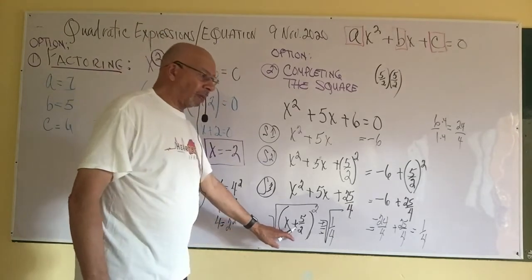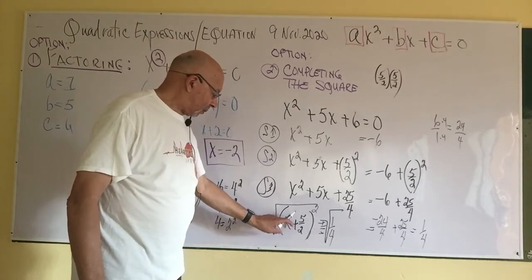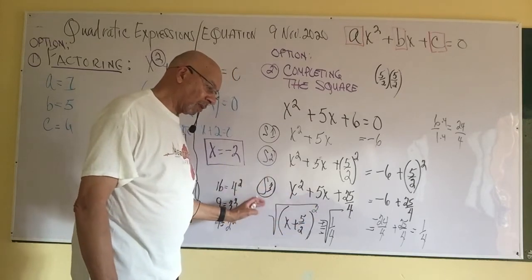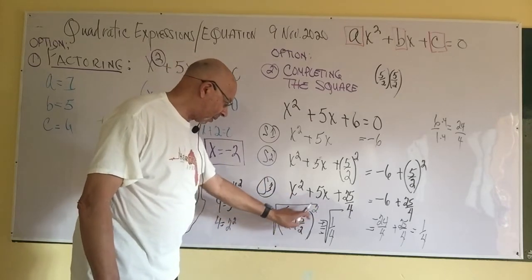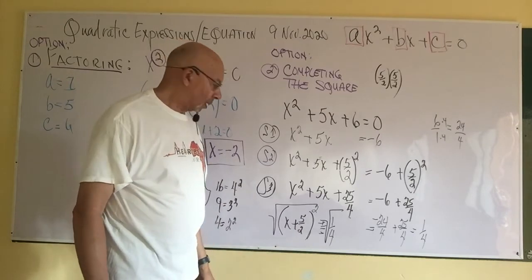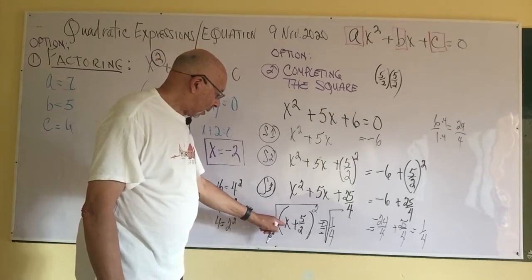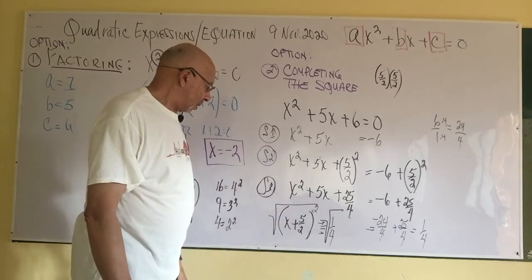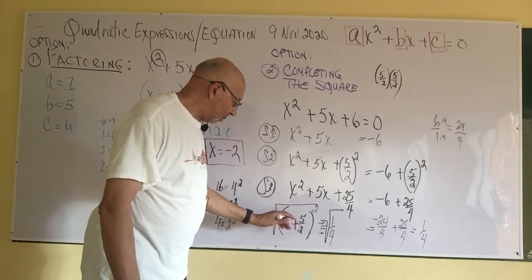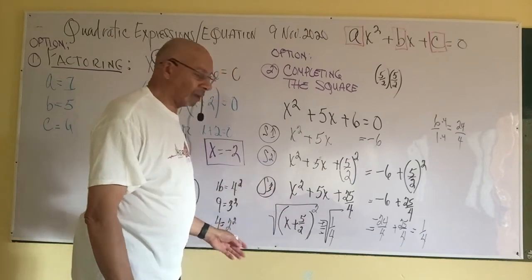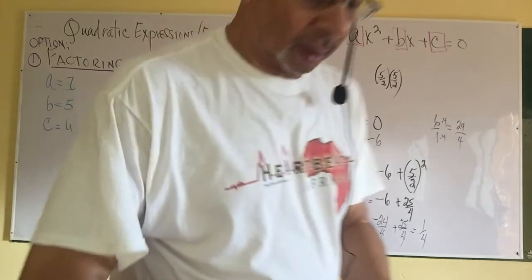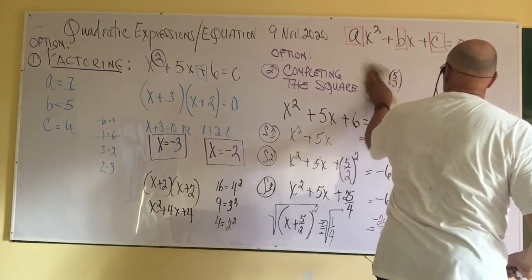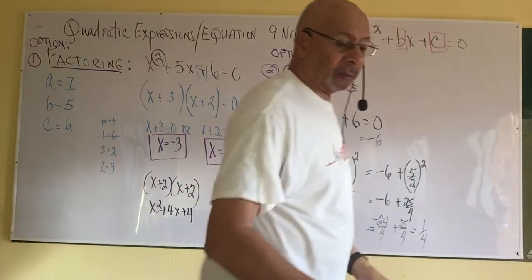You know from principle that this factor squared, if I take the square root of it, is going to be this factor without that exponent. So it's actually going to be x plus 5 over 2, period. Or I could put 2 of these in there and you can see the square root is going to be one of them. So this may be sounding confusing, but when we get to do a couple more, you'll start to get it clear.